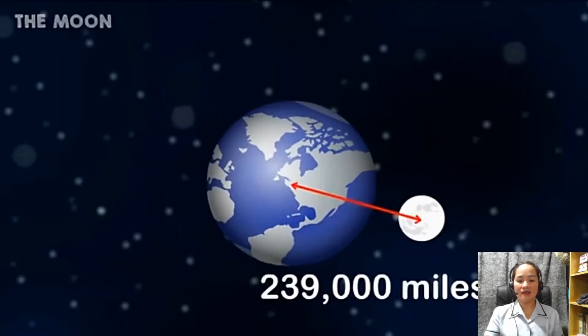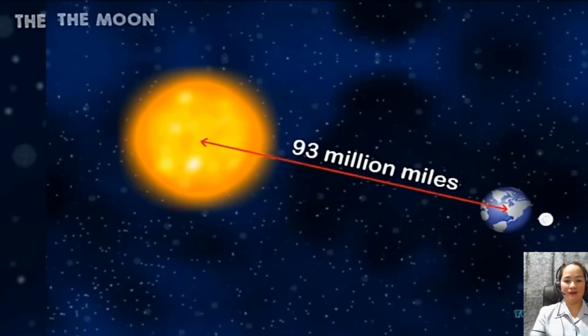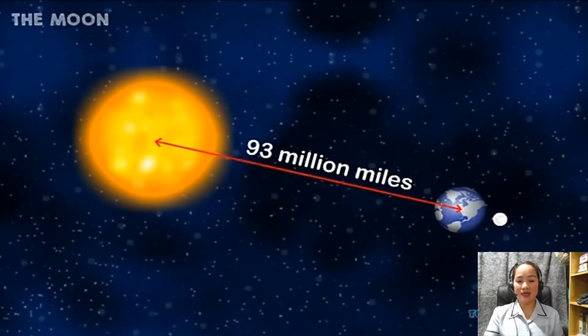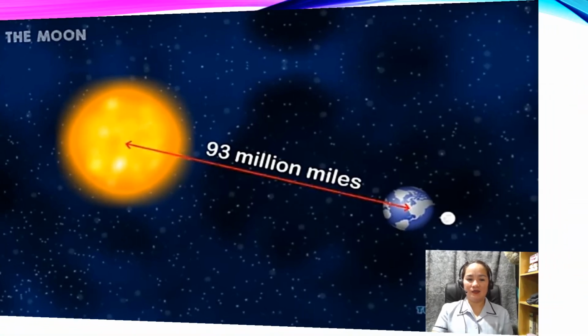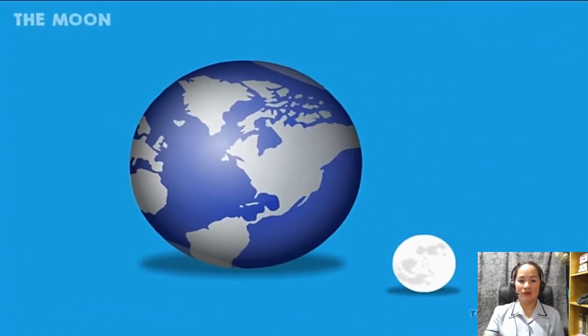It is 239 miles away, while the Sun is 93 million miles away from the Earth.